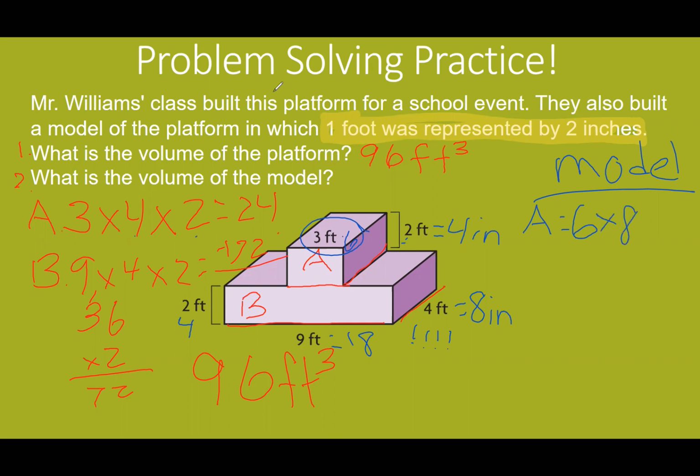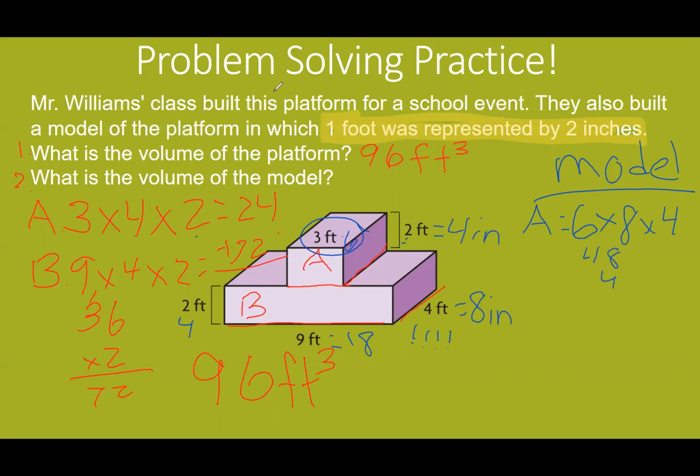And then the height was 2, and the height is going to be 4 now. So now we have a whole new problem. 6 times 8, or I can do 6 times 4 times 8. I can do them in any order that I want. I'm going to do 6 times 8, which is 48.